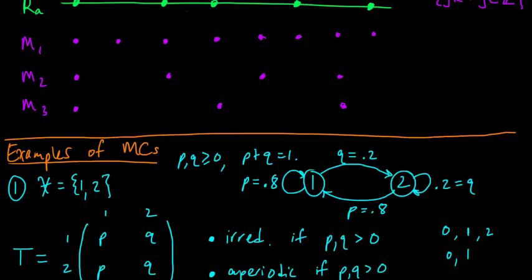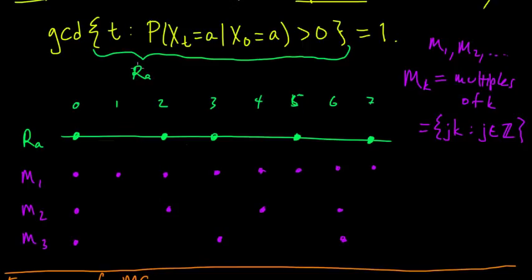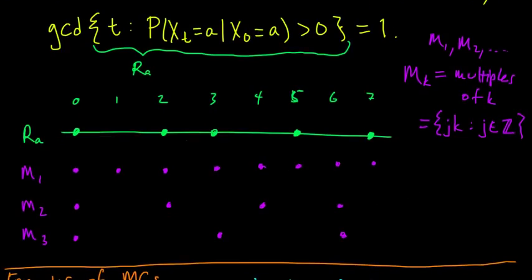So 0 would be the only element in this set R_2, and that would be contained in all of these guys. So the greatest common divisor would be like infinity or something, but it wouldn't be 1, certainly, because every integer would divide 0.